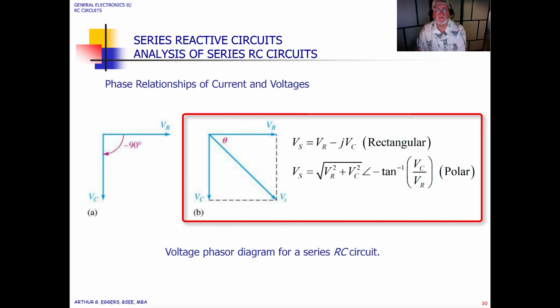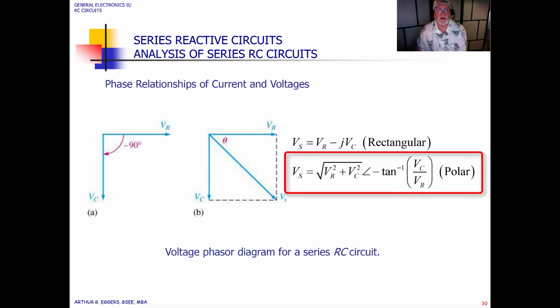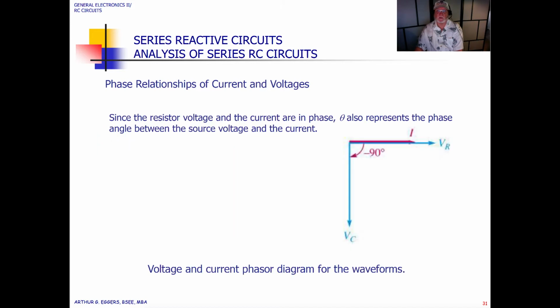If we convert these to polar coordinates, you can see by applying the Pythagorean theorem, V sub R squared plus V sub C squared added together, take the square root, and then taking the negative inverse tangent of V sub C by V sub R gives us our polar representation for a phasor quantity of these values.